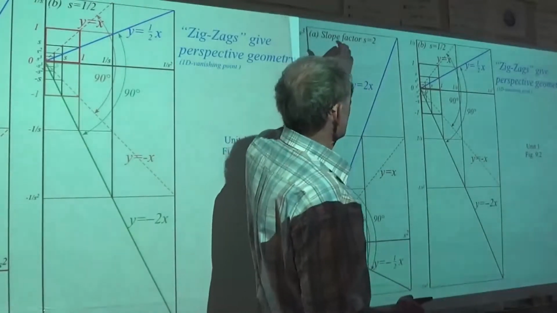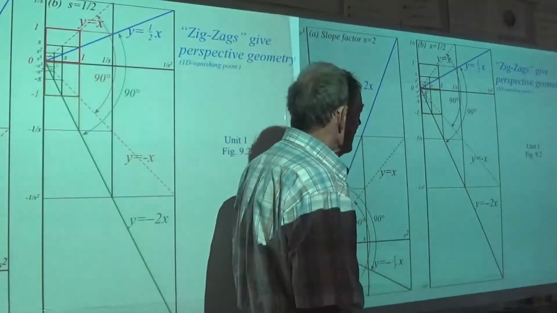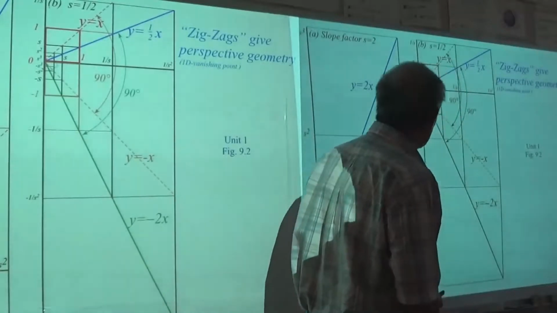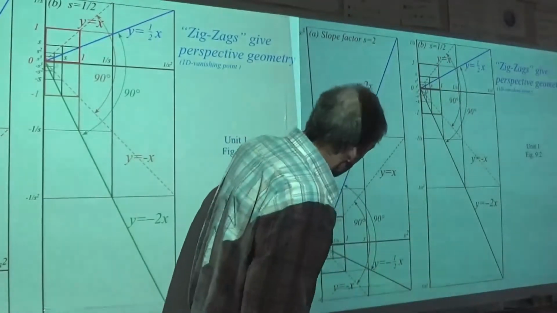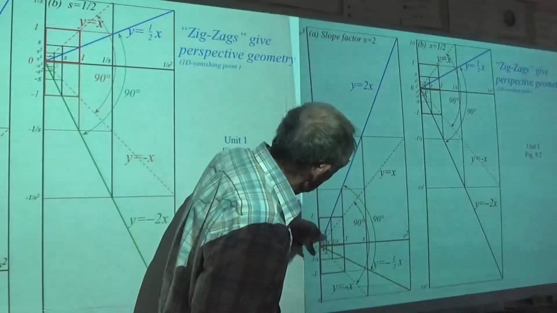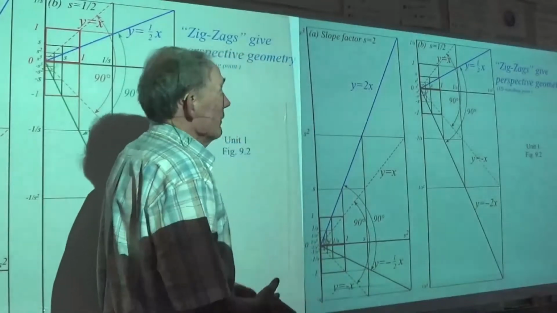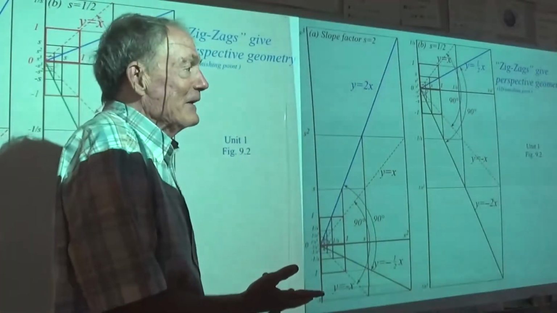Here's a thing with a slope factor s equal to 2 that really goes fast. Here's one with 1/2, okay, and I'm taking these things not just up here, but I'm also zigzagging down here and then finishing them with various lines. So this is a perspective view of a hallway, right?